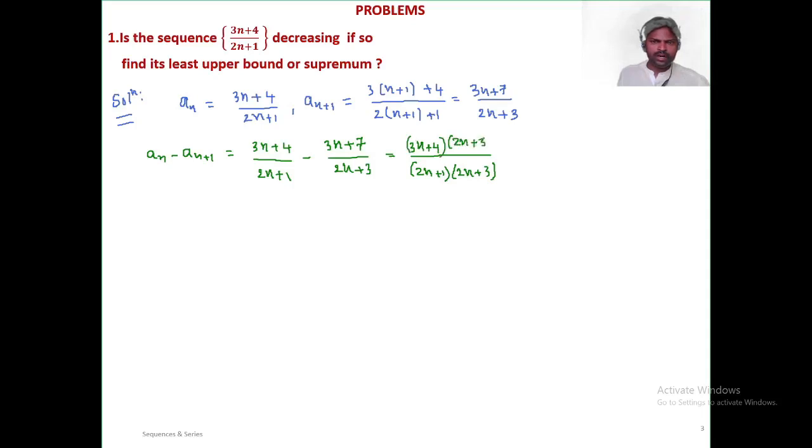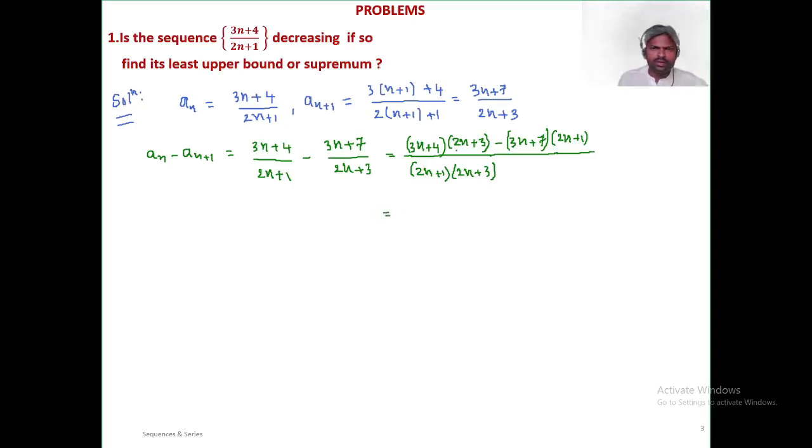Actually, this is a standard method or procedure for finding whether a sequence is increasing or decreasing. Okay, now simplify the terms.